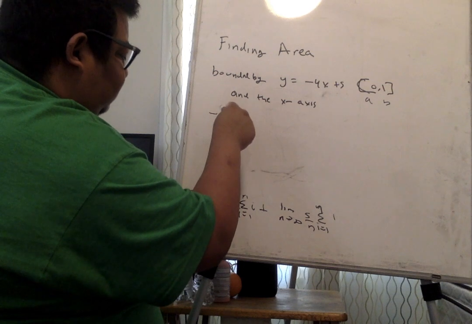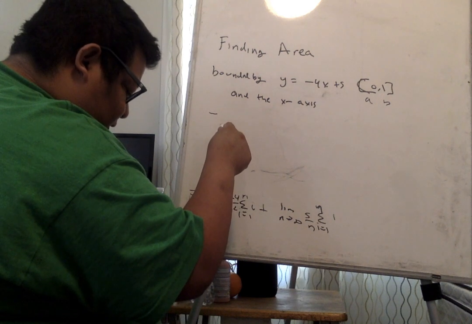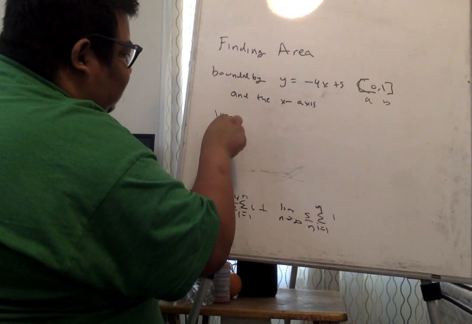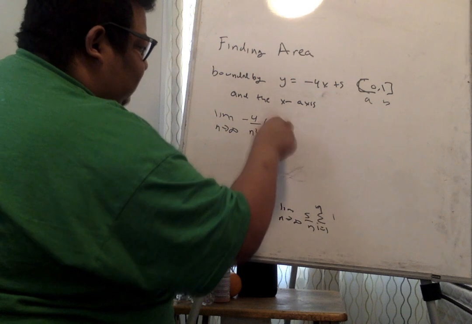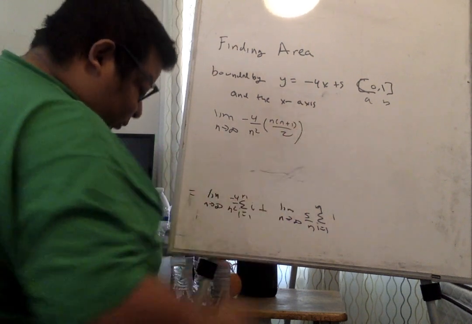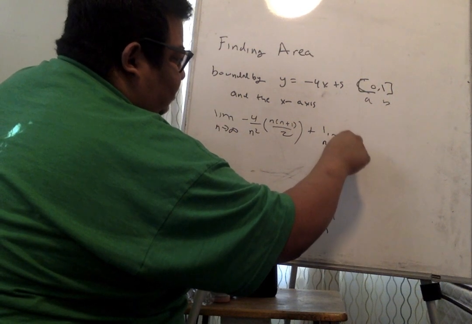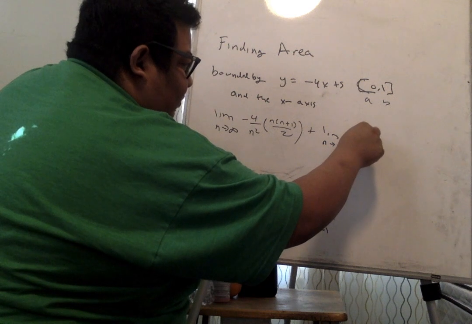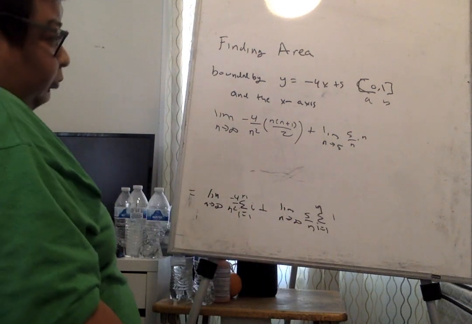So the limit as n approaches infinity of negative 4 over n squared times the sum, which becomes n times n plus 1 over 2, plus the limit as n approaches infinity of 5 over n times n.